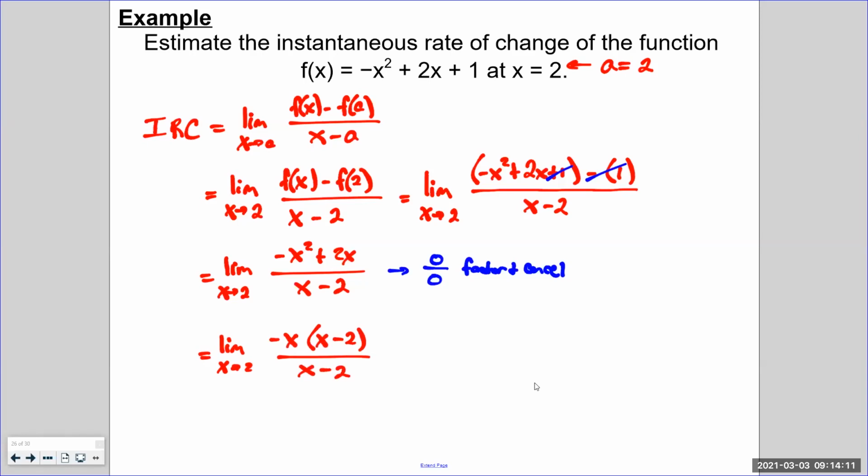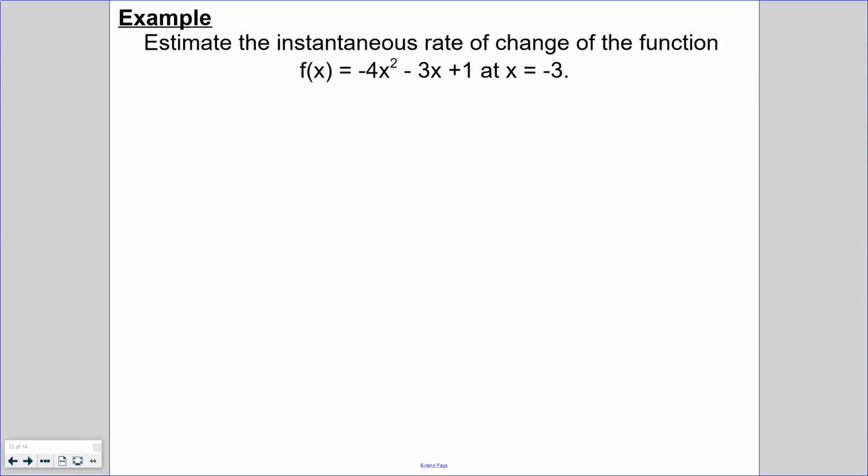All right, then we can see that the numerator and denominator both have a common factor, so those can cancel out, leaving us with the limit as x approaches 2 of negative x, meaning that our instantaneous velocity at x equals 2 is negative 2. Boom, done. Instantaneous rate of change.